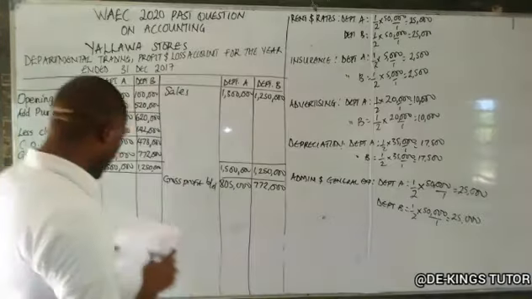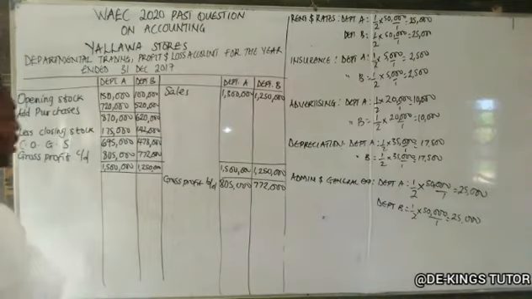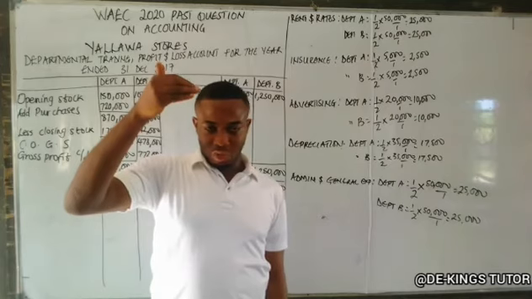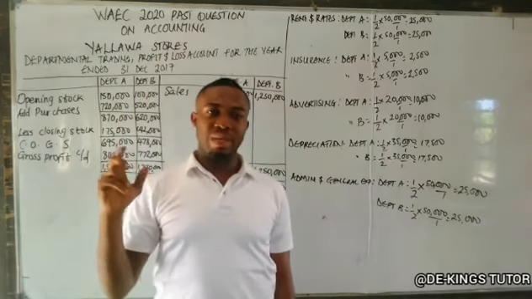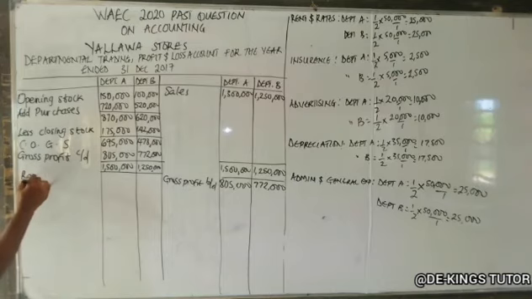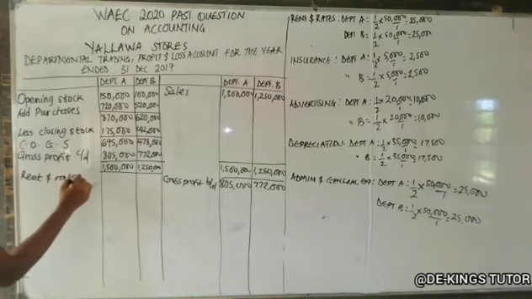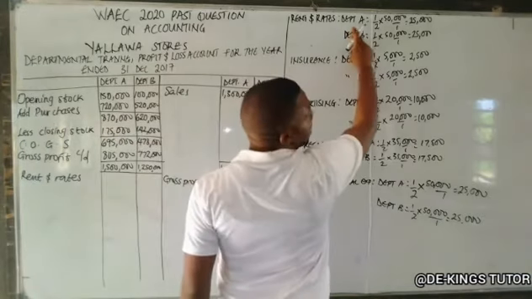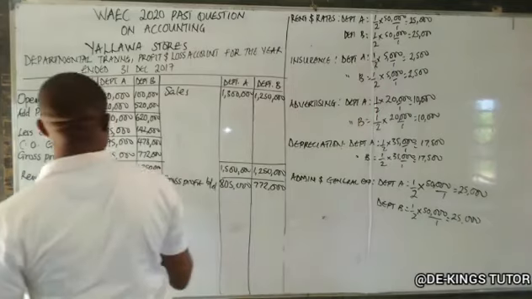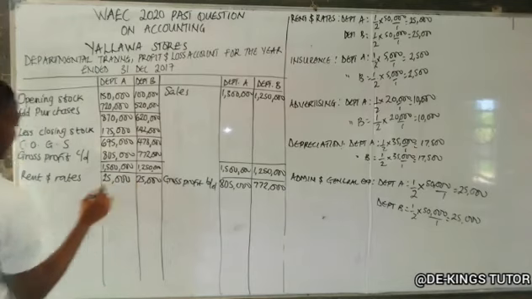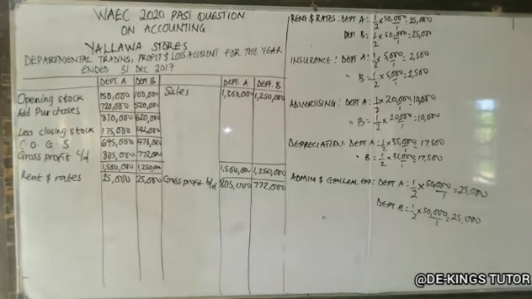So the first thing there is purchases. We have treated that. Another one is rent and rates. So we have rent and rates as expenses. Now we did adjustment for this. Remember, rent and rates, Department A, look at it, 25,000 for Department A, Department B, 25,000. The next one is commission. So I have commission. I did adjust, so check there. For commission Department A, actually it is 25,000.